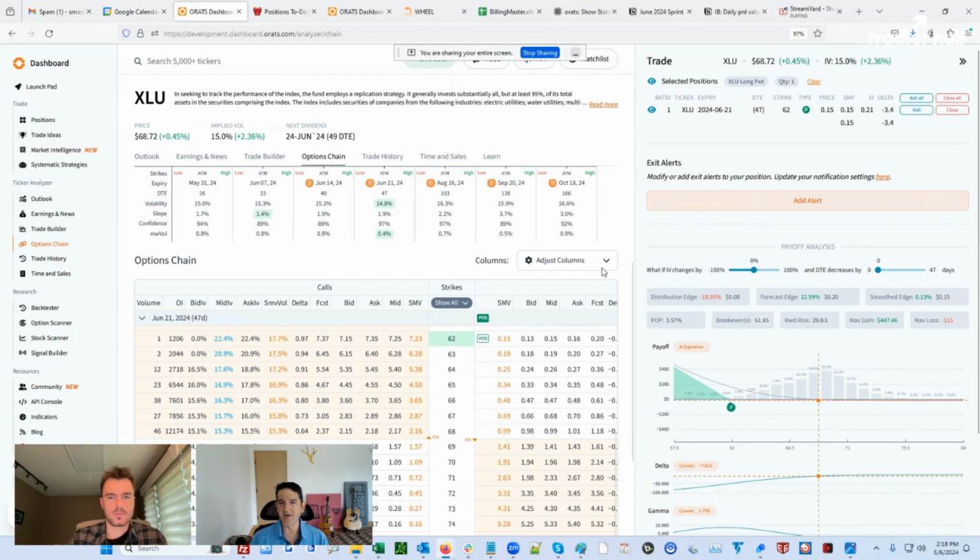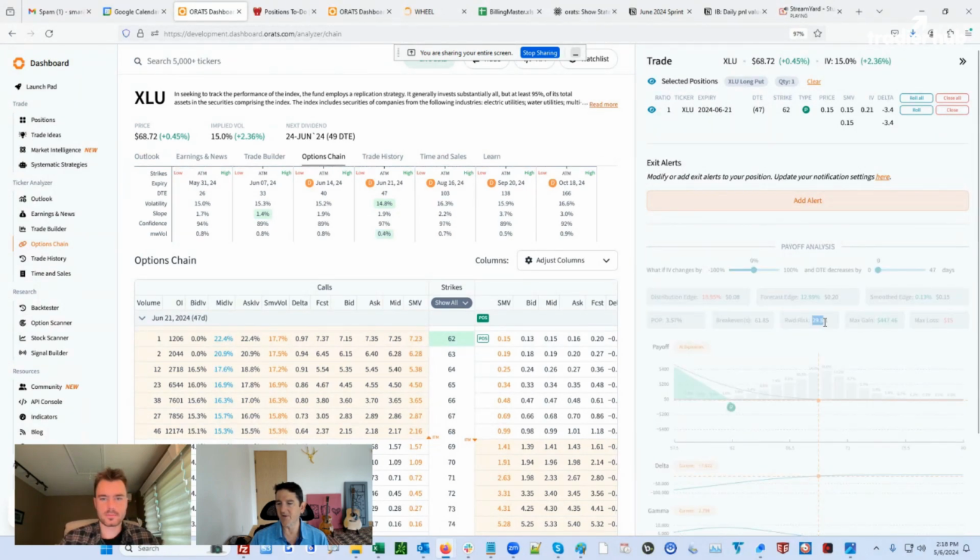Yeah. So the next thing that we'll get to, well, first I just want to talk about reward to risk, because that's another thing. We talked about that past SPY, and what's the reward to risk? So this thing's worth 15 cents, but we think we could make $447 on this potentially.